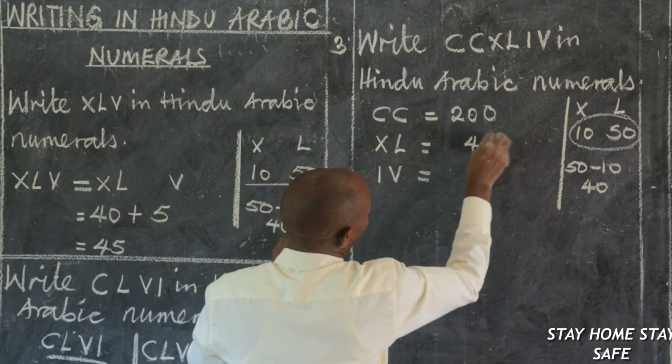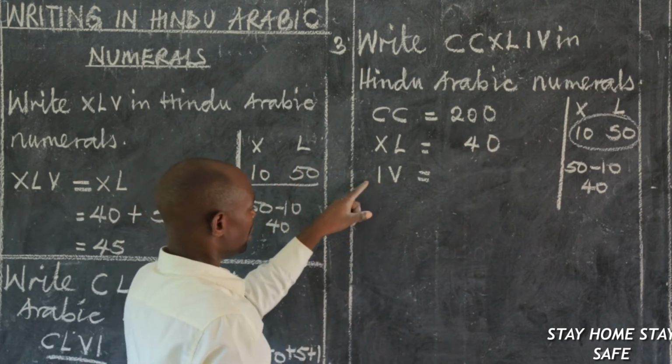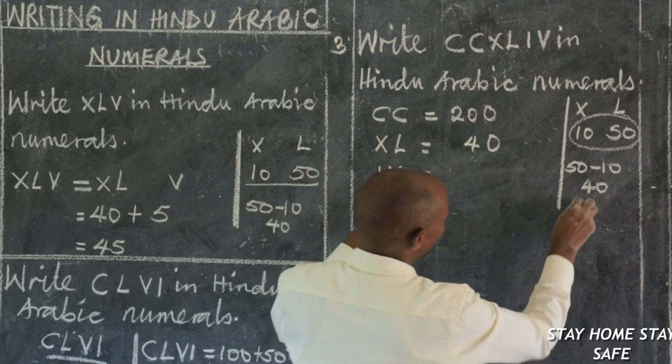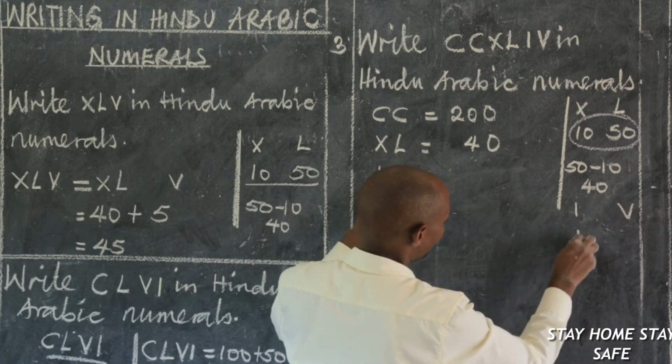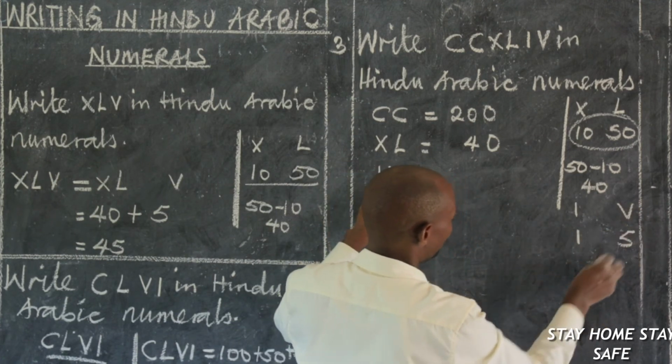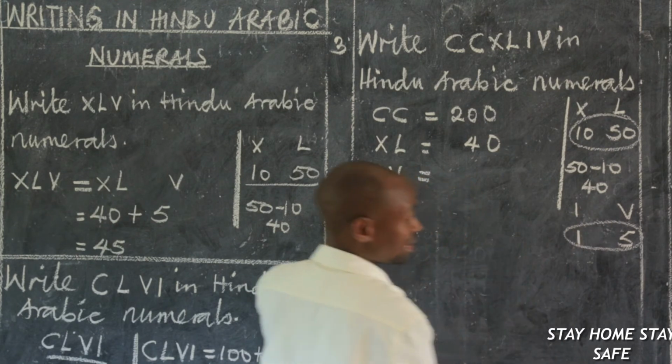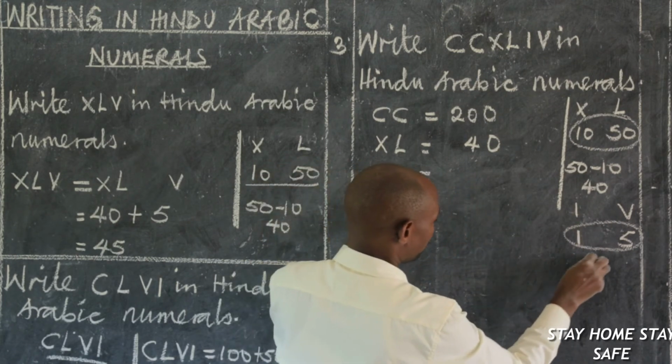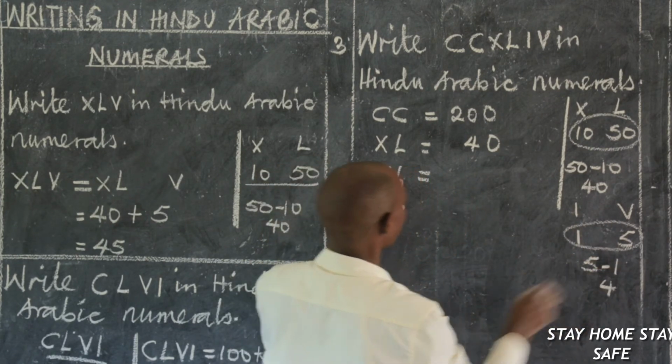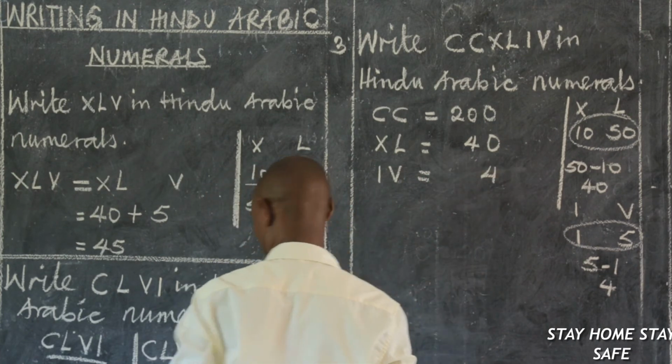This one is 40. What about IV? IV, I, then V. This one is 1, this one is 5. So what you do, you interchange and subtract. So it is 5 minus 1, which is 4. So that one gives us 4.